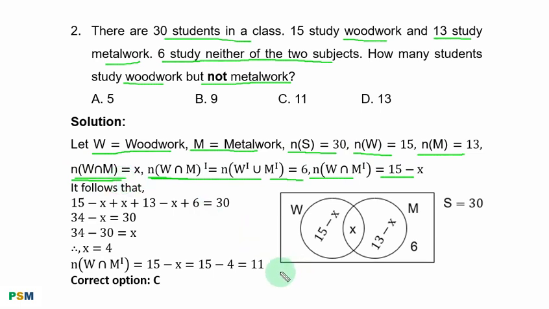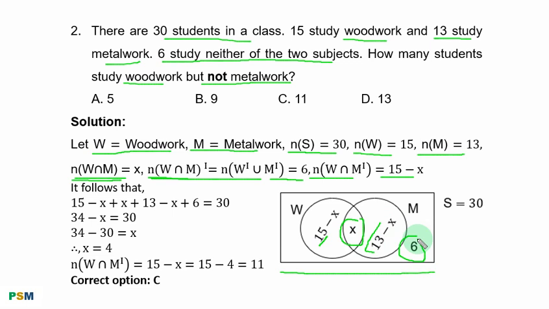You have the Venn diagram for the information. This is the point of intersection. Those that studied both subjects. This is only woodwork. Here only metalwork. Then 6 studied neither of the 2 subjects.